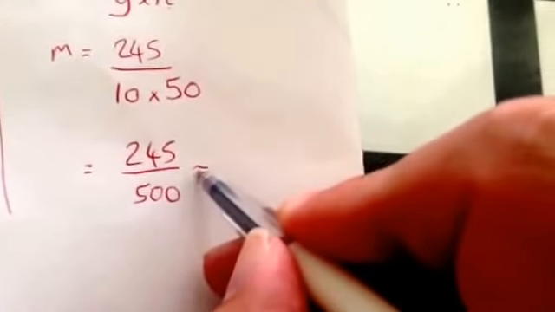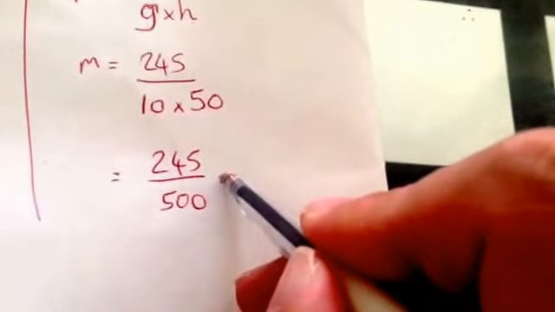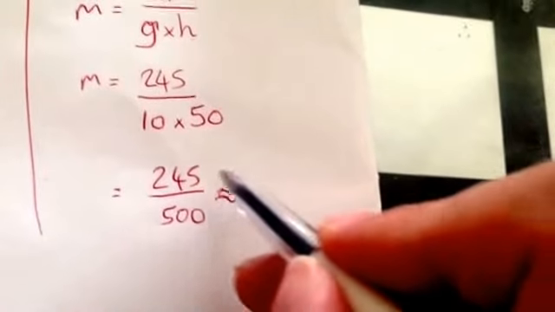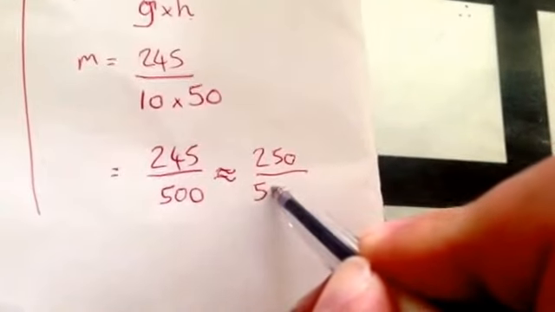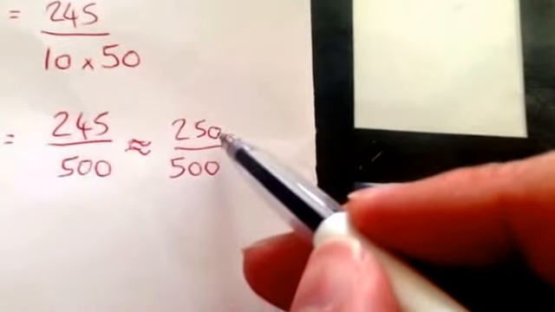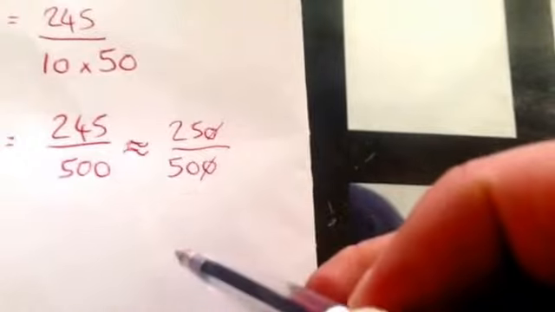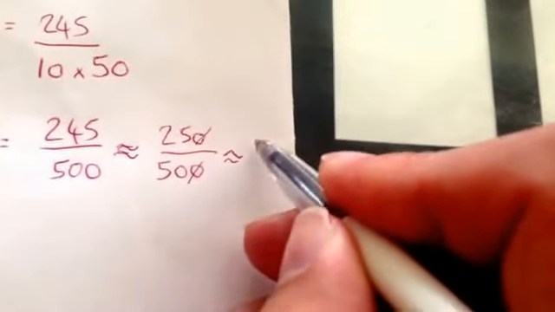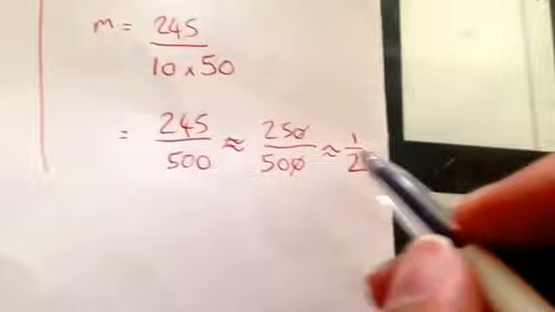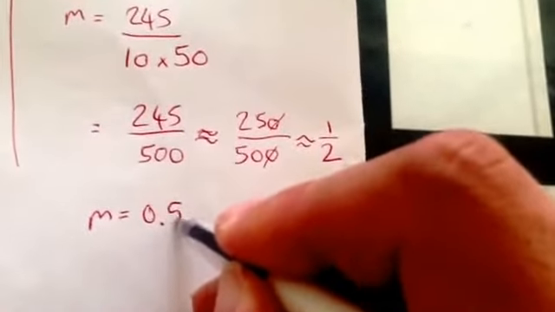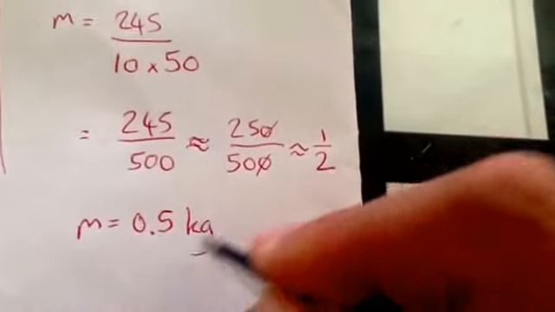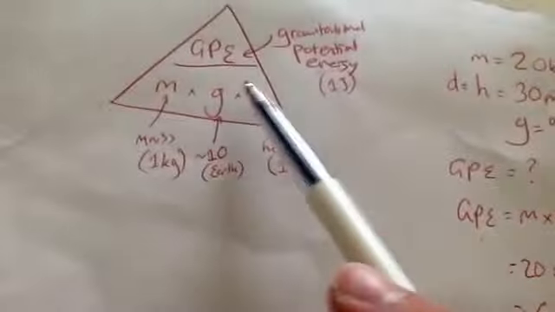Because we don't have a calculator, I'm going to use roughly equal to. 245 is nearly 250 divided by 500. That's the same as saying 25 divided by 50, which is about a half. Mass equals 0.5, which is a half, and the units kilograms. Don't forget to put your units. For mass, it's kilograms.